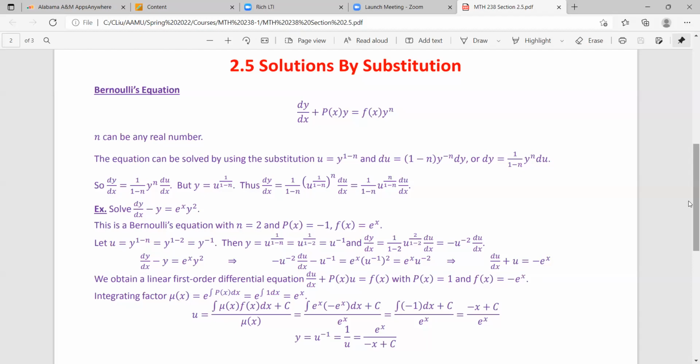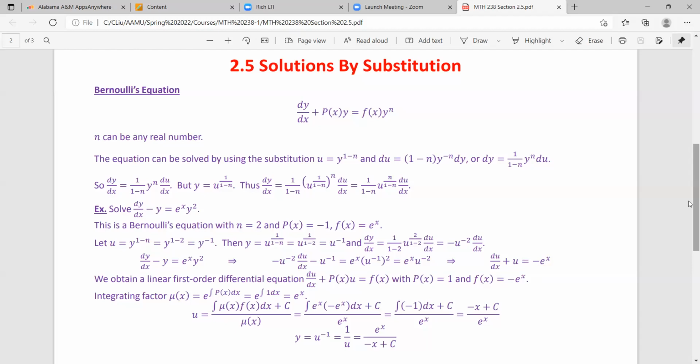So if you integrate negative e to the 2x, you should get negative half e to the 2x. So the top will be negative half e to the 2x plus c instead of negative x plus c. And then you divide by e to the x. Okay.